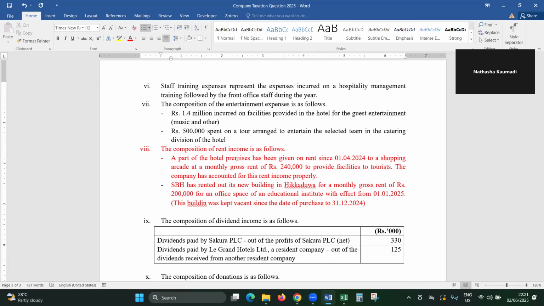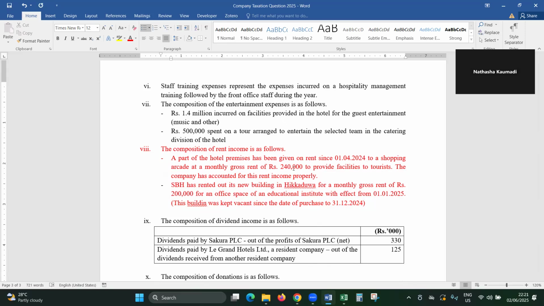tourists. So in that case, even though you have rented out part of your main building, this is rent income, no? That means 240,000 monthly multiplied by 12, you get the whole rent income for the year. Is this rent income or business income?